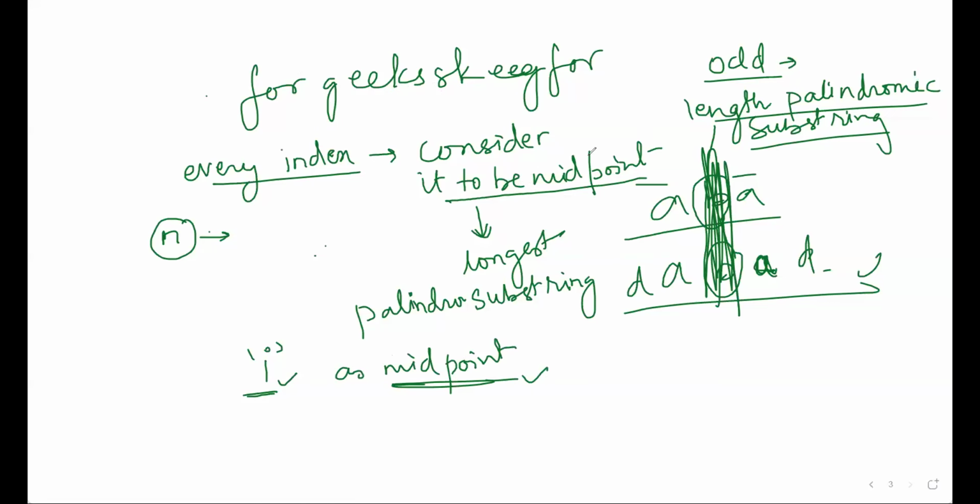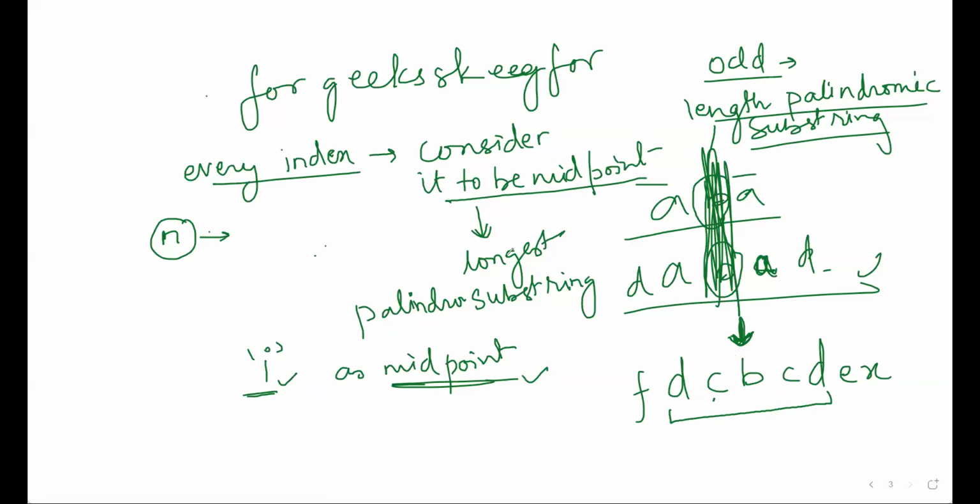I'll take this example. I have something like this, and here the longest substring which is a palindrome is this. So this particular index will serve as the midpoint. Your midpoint is going to be one of the indexes of your substring, and you'll keep on comparing the substring in both parts.